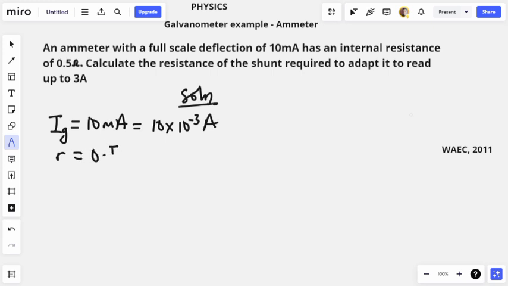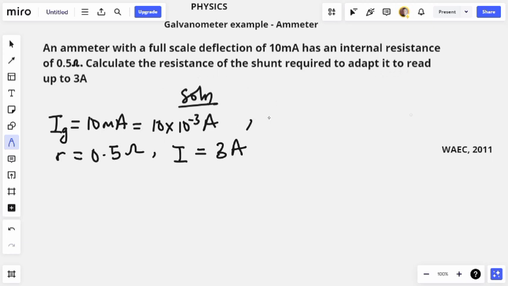The ammeter reading, I, is the highest value of current we want it to read up to, which is 3 amps.